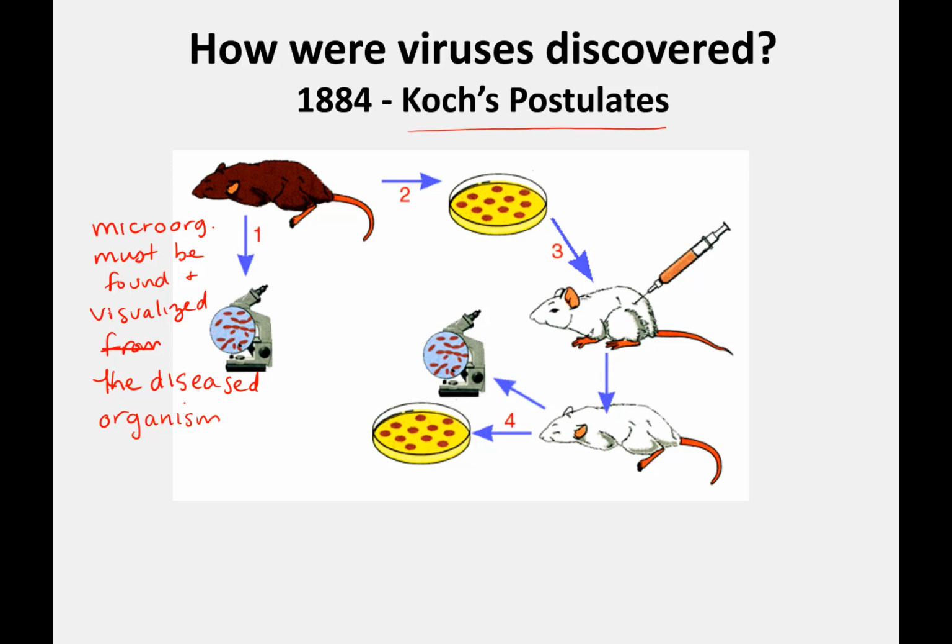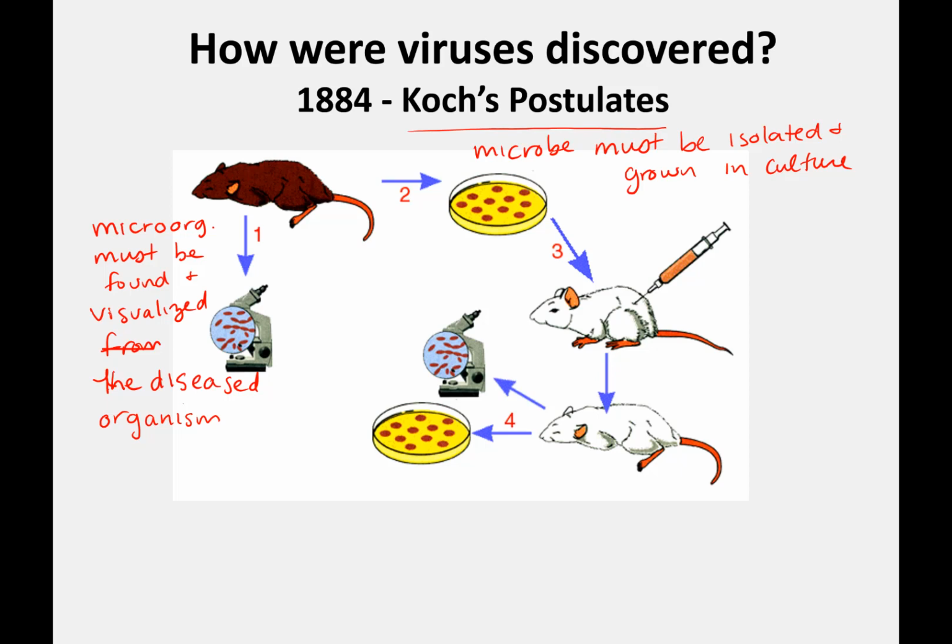The second part of Koch's postulates is the microbe must be isolated and grown in pure culture. And if you've taken microbiology, you know that you can grow colonies of bacteria of many types, and so you can isolate and visualize and purify them.